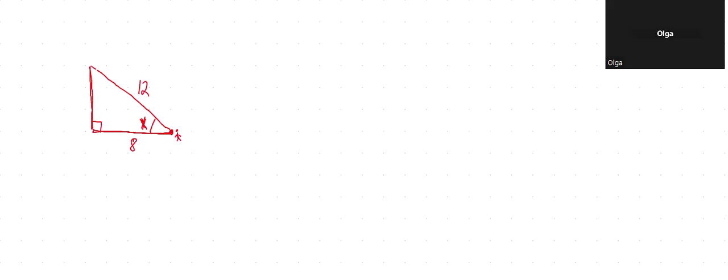Now, how to find this angle? Remember, we have something called inverse trigonometric ratios. Again, we always start with the angle. It's all related to the angle. For this angle, what do we have? We have the adjacent leg and the hypotenuse, right?